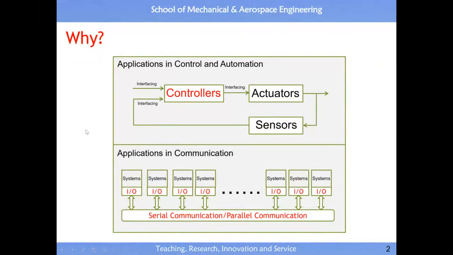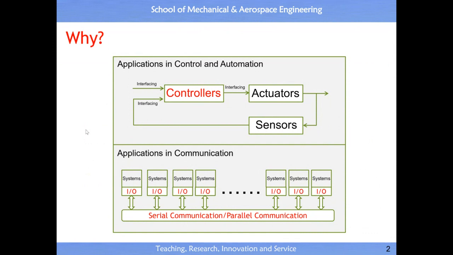And this slide shows you the motivation for you to study this course. Basically, you may be in charge of developing applications within these two scenarios. The first scenario is about applications with control and automation, in which the controller is one of the three basic building blocks.